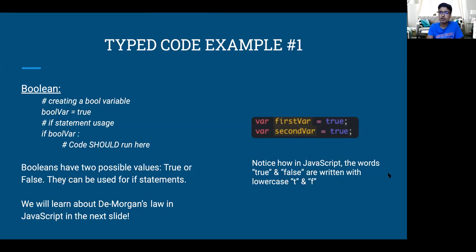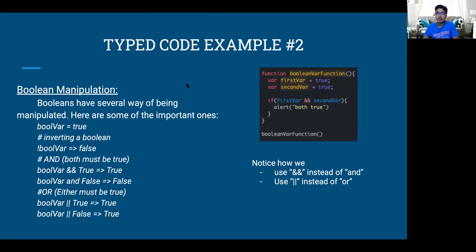Now, let's learn about how we can manipulate these Boolean variables in something called De Morgan's law. We learned last week in the Intro to Programming course, or this past Monday, about how we can manipulate Boolean variables, and manipulation is a very large way of how we use Boolean variables in checking if multiple conditions are true.